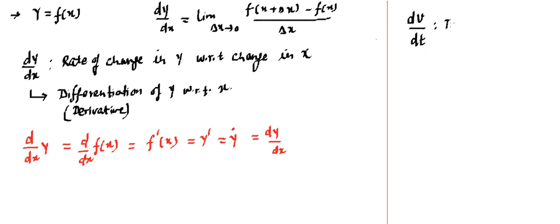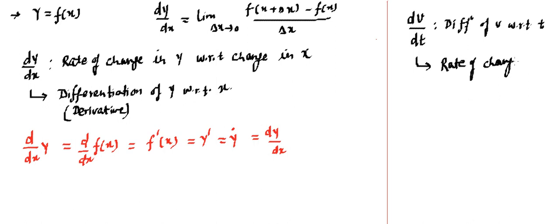Any letter we can use in the numerator or in the denominator, but this d has to be common, and we will say this is the rate of change of v with respect to t. So that's how the language is going to be whenever we see this.